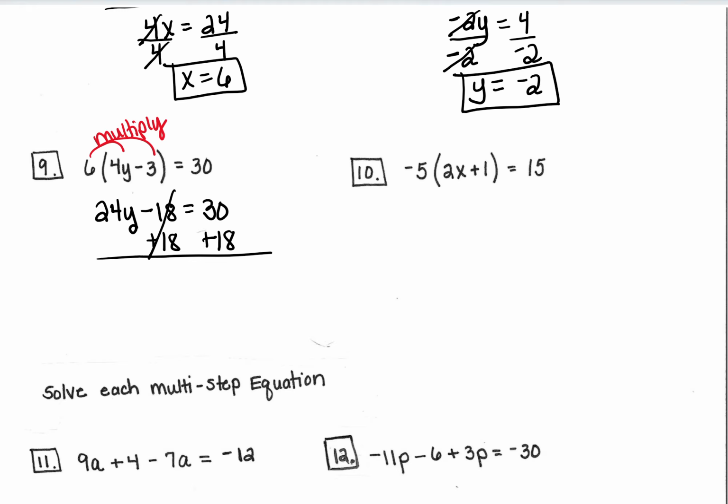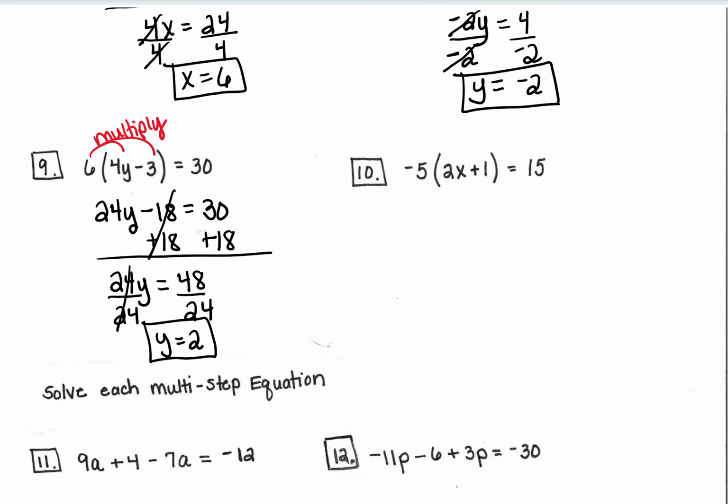The negative 18 and positive 18 cancel. Bring down your 24y. If you add those, you get 48. That is multiply by 24, so we're going to undo that with a divide by 24. And y is equal to 2.